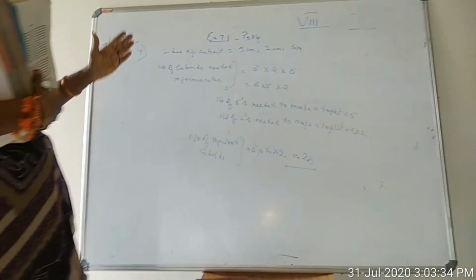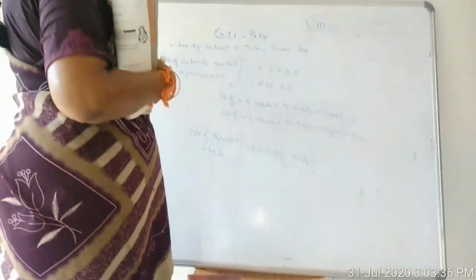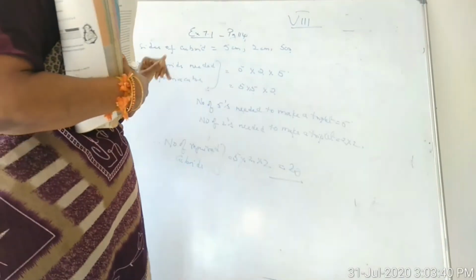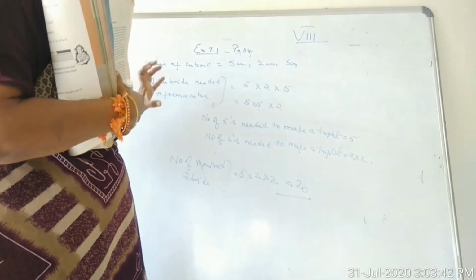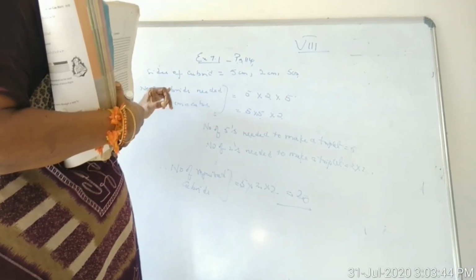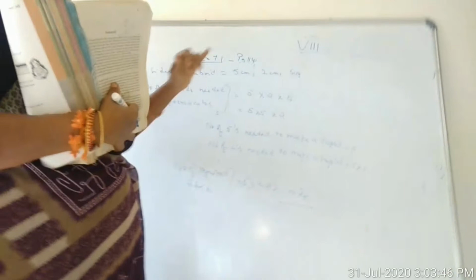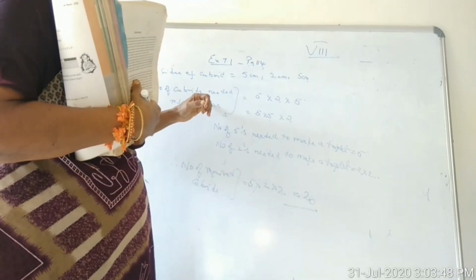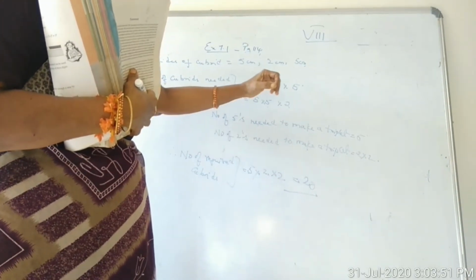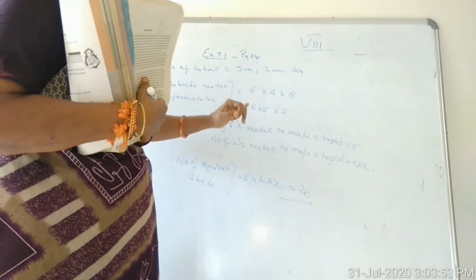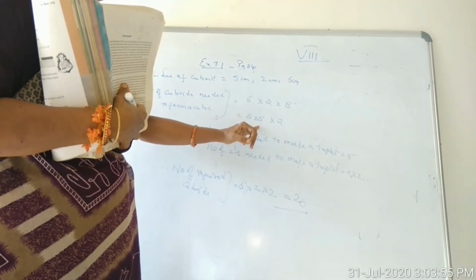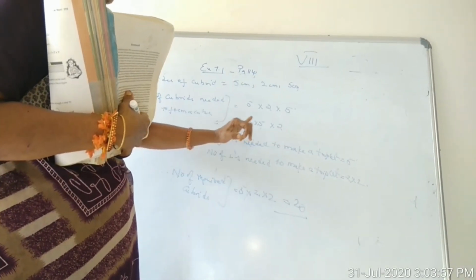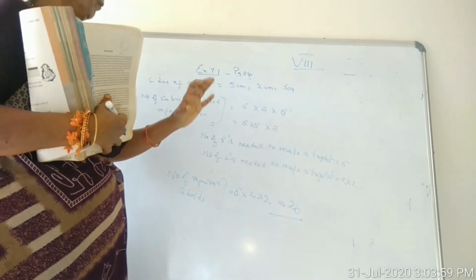I am repeating, children. Given the sides of the cuboid 5, 2, 5, they want to make a cube. The dimensions are 5, 2, 5. The formula for the volume of the cuboid is length into breadth into height. But when you arrange them as a pair, 5 into 5 into 2.